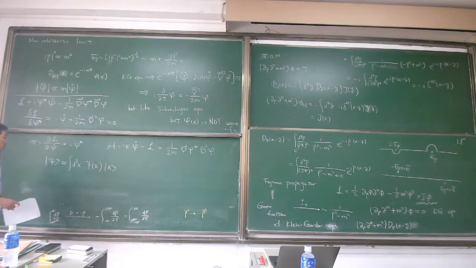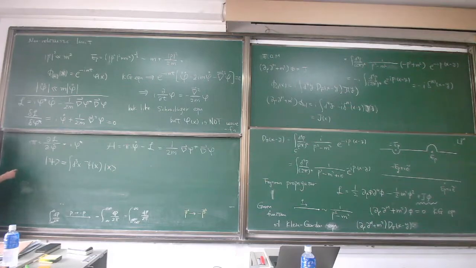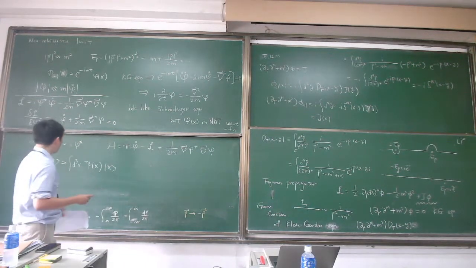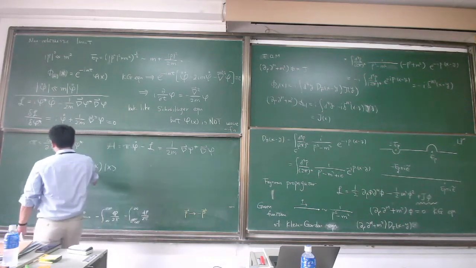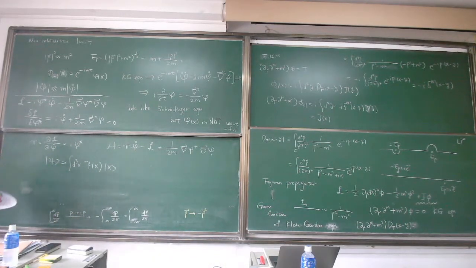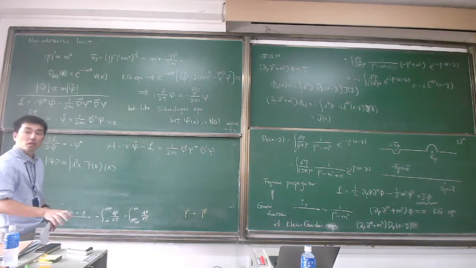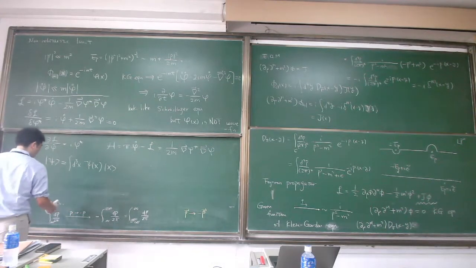So this can be understood as a general state, or general wave function, in quantum mechanics, and we want to act with this Hamiltonian on this state and see what is going to happen. So that's what we want to do.